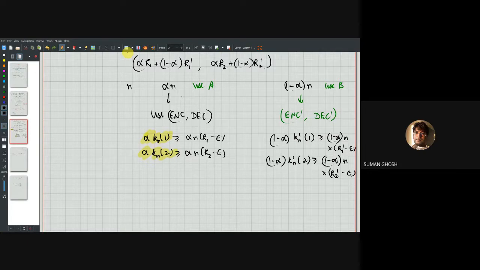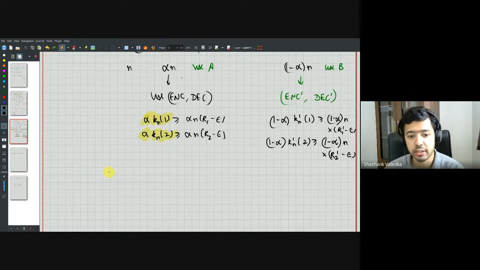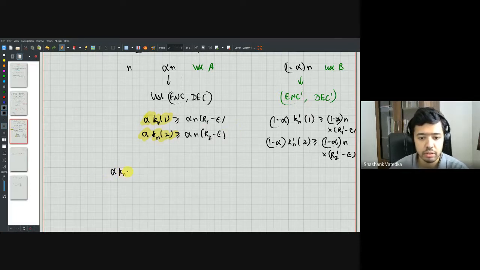Yes, sir. Okay. So what is the total number of bits that transmitter 1 is sending in n channel uses? It is alpha k_n(1) plus (1 minus alpha) k_n'(1).